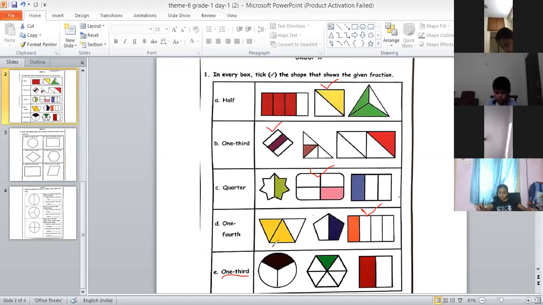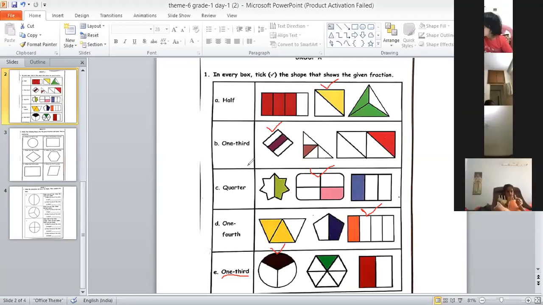Yes, ma'am. So children, your first option is correct in the last question. The first shape is a circle, divided into 3 parts, and out of these 3 parts, only 1 is shaded. So yes, it is representing 1/3. That's the correct answer, Ayansh. Good.